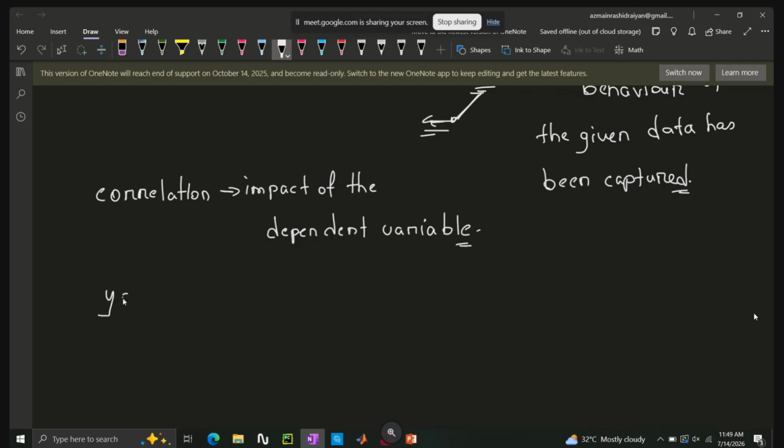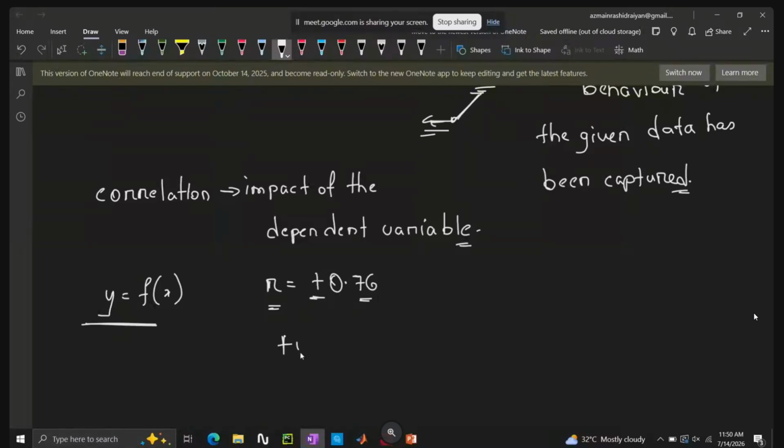So let's say you have made a regression model. Let's say your regression model is somewhat like y equals f of x and your correlation coefficient r equals plus 0.76. Just assume that the correlation coefficient is plus 0.76.